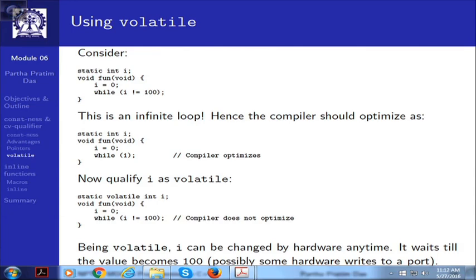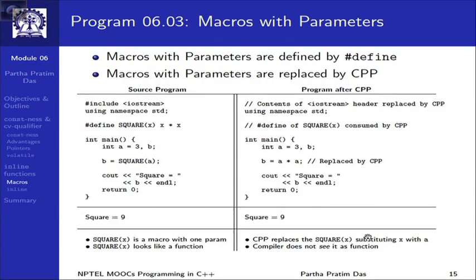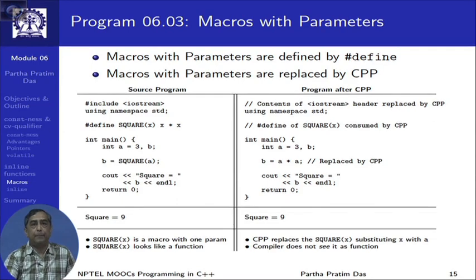So, you keep on waiting till its value becomes 100, and it is possible that at some point it will become 100, and then that particular condition becomes false and the function will be able to return. So, this is the use of the volatile variable in C as well.